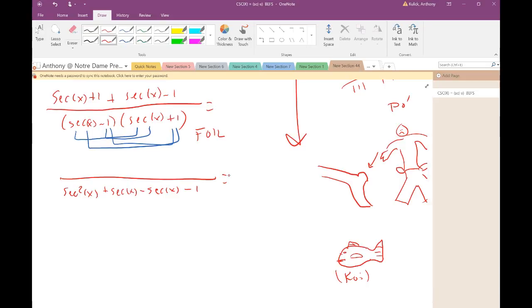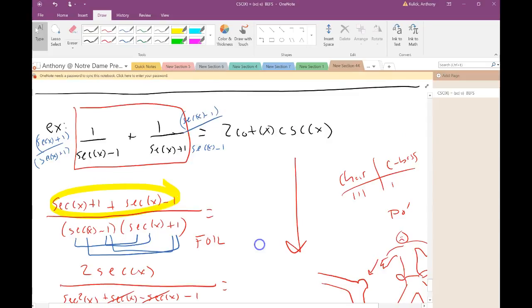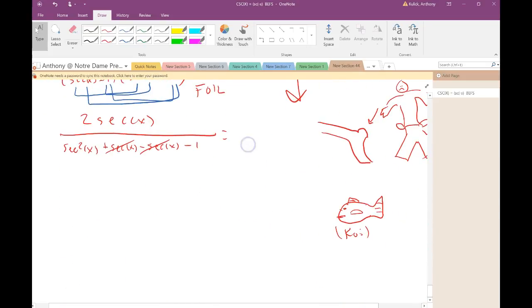All right, let's finish this up here. So if I go to the numerator, I add those up. I have 2 secant x in the numerator, right? And if I add the denominator, I have secant and negative secant. Those cancel out. So I see some good things have happened. I have the 2 secant x over secant squared x minus 1.